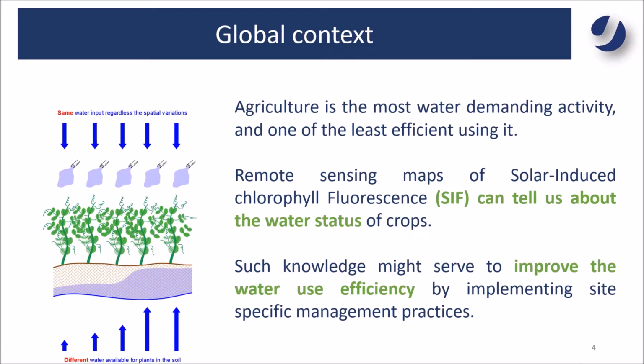The SIF is among these remote sensing tools that have been used for this issue. The goal of this study is to provide information to improve the water use efficiency of crops at the end.